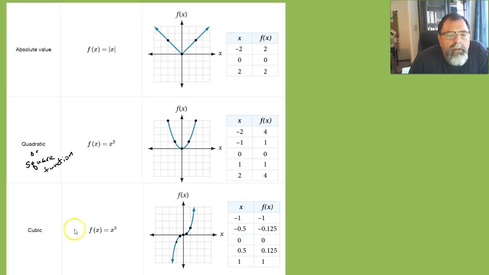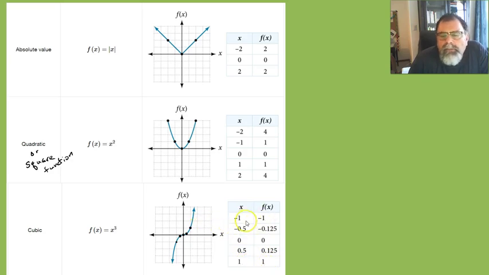Moving on to cubic, so f of x is x cubed. You can also say this is the cube function, or cubic, or a polynomial of degree 3. If again we make a table, -1 to the third power is -1, -0.5 cubed is -0.125, 0 cubed is 0, 0.5 cubed is 0.125, 1 cubed is 1.